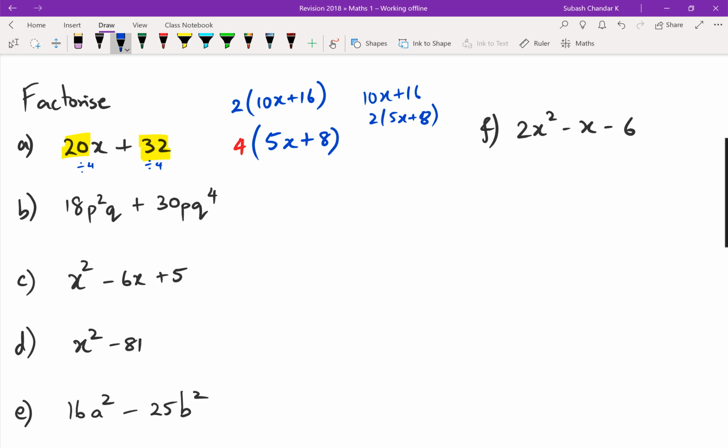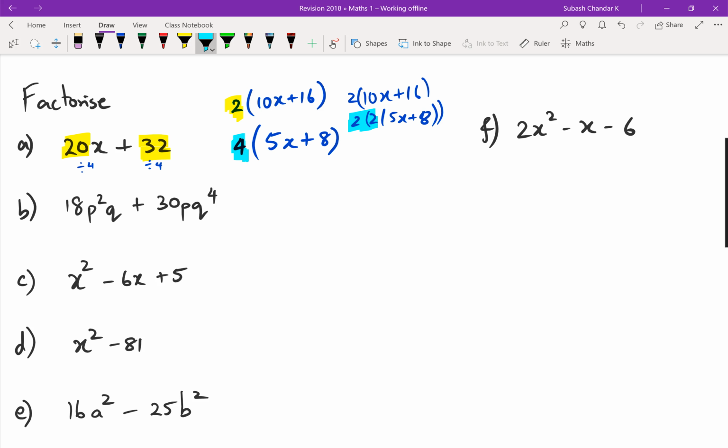And remember how you already had this 2 outside, which is going to be outside here. That's how those 2s multiply to equal 4. So yes, you've factorized it partially, but not fully factorized. And that's what you need to get into the habit of.